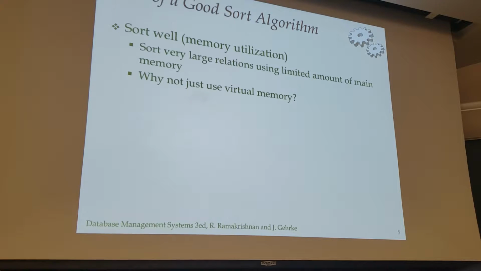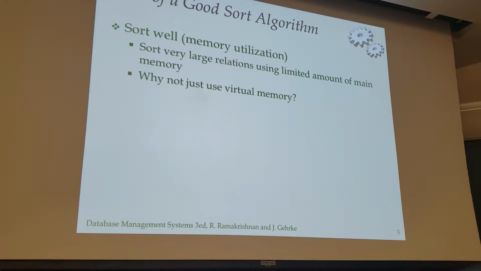And the question is, well, why not just use the operating system and use virtual memory? And you should know the answer to this already. You've got an algorithm where you know what the algorithm is going to be doing, and the operating system won't. And so whether you care about a page or you don't care about a page is something that you're well aware of when you're doing the algorithm.